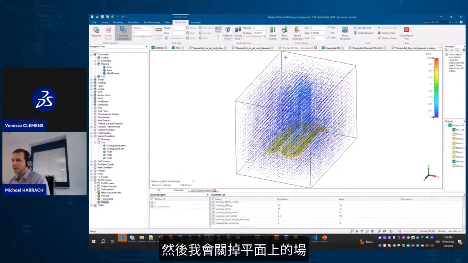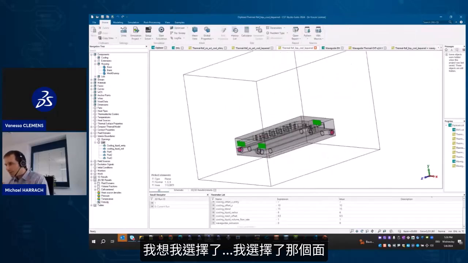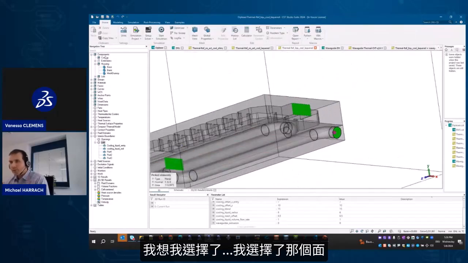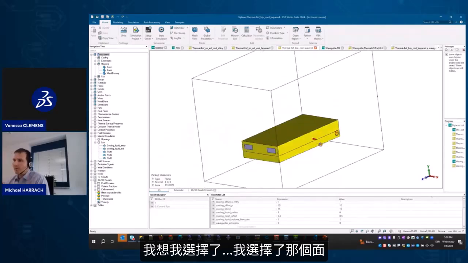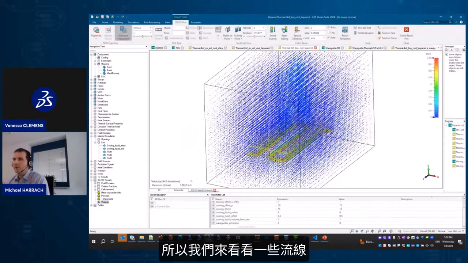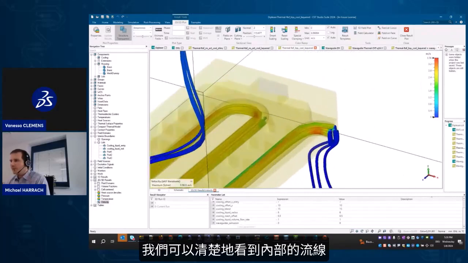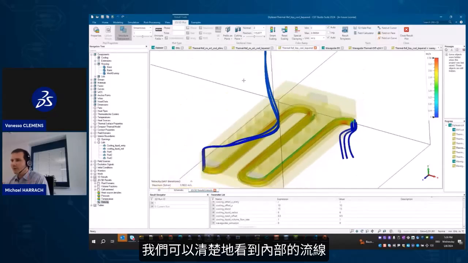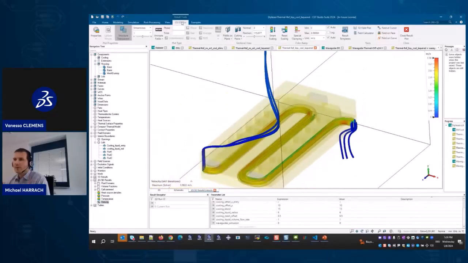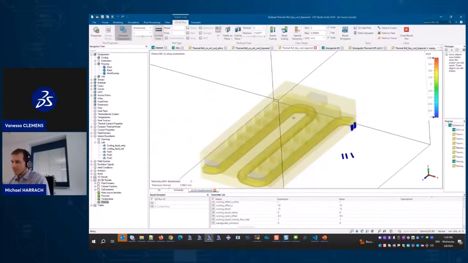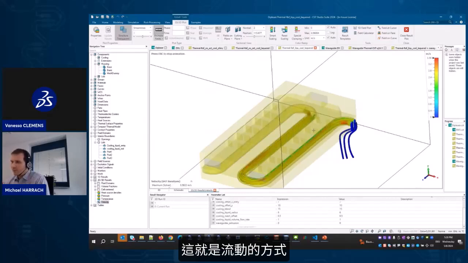And I'll just turn off the fields on plane. And I think I picked the face there. So let's look at some streamlines instead. And here we can nicely see the streamlines on the inside. So this is how the flow goes in there.